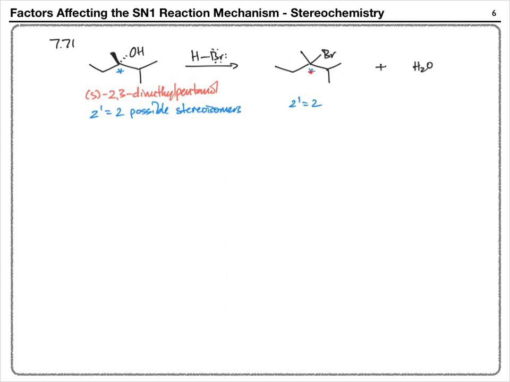Here's the stereogenic carbon in the product, but now look. We're not showing any wedges and dashes here. So what can you infer about this product? If you're starting with pure S, what do you end up with here?